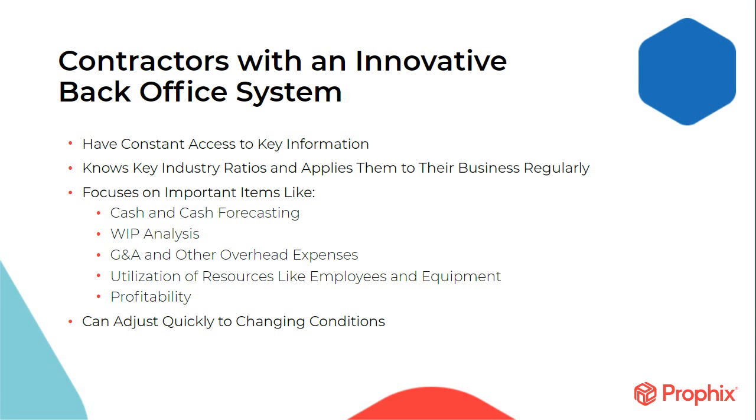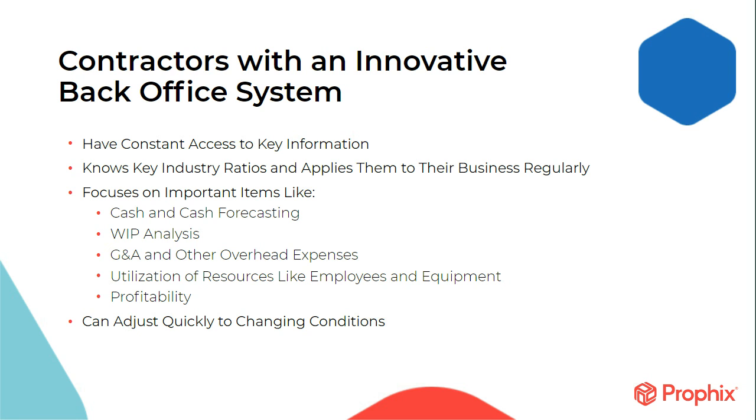So let's talk a little bit about innovating your back office system. If you want to innovate your back office, here are some of the key attributes you should be considering. You should have constant access to key information about your business, as Kevin and Aaron said earlier. You should know key industry ratios and how they apply to your business. You should be focusing on important items like cash and cash forecasting. Be able to analyze your WIP report in lots of different ways.